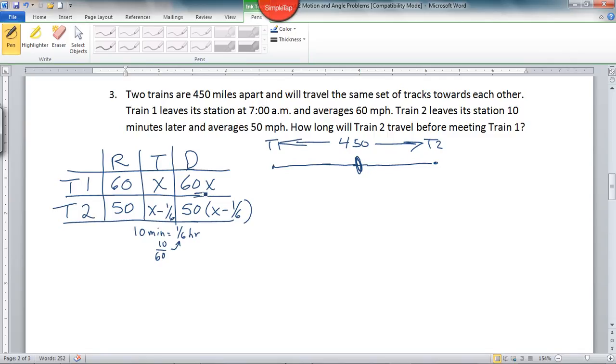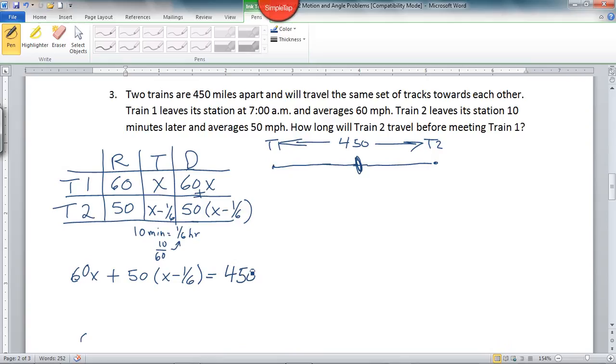So I'm going to add the two distances together: 60x, distance 1, plus the other distance, 50 times x minus 1/6, equal to 450.